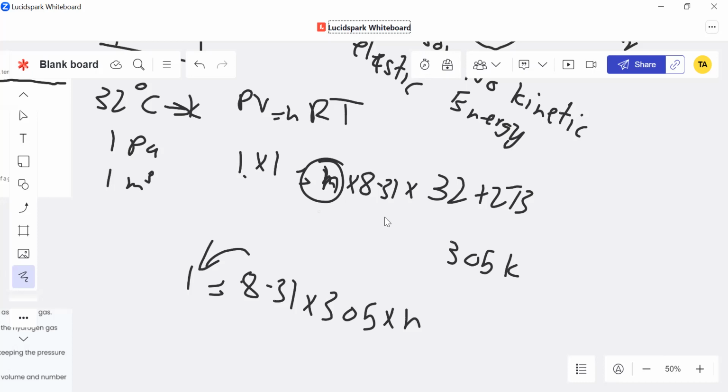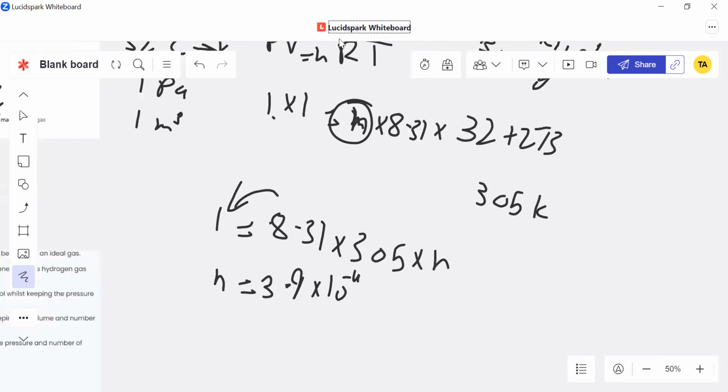You have to do this without using a calculator. Remember this. So learn how to multiply numbers without using a calculator. Now, I'll do this using a calculator for now. So the number of moles I get is 3.9 times 10 raised to power negative 4.